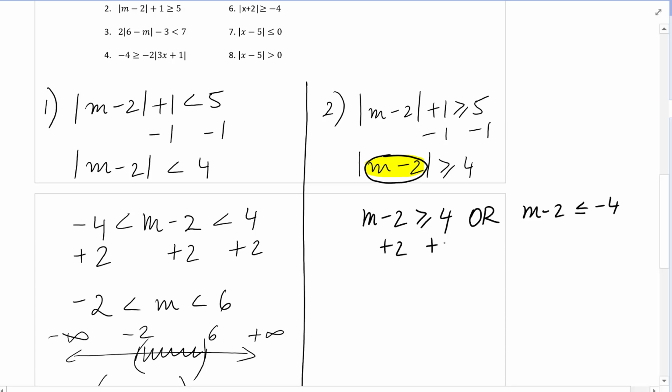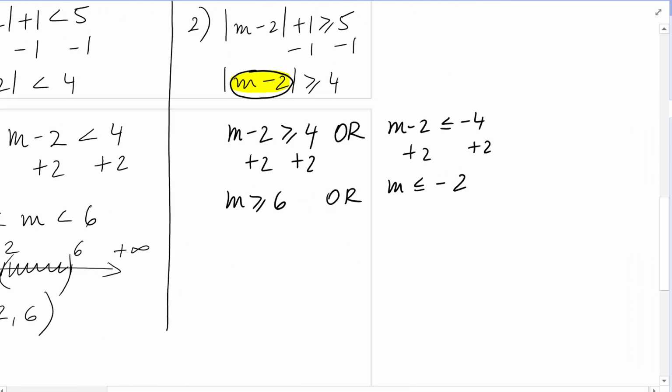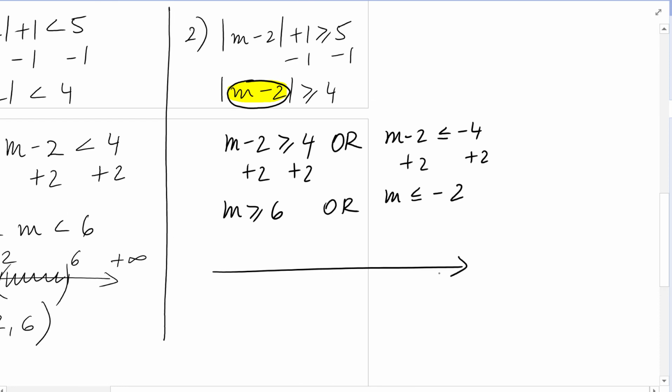So now we add 2 and we get m greater than or equal to 6. We add 2 and we get m less than or equal to negative 2, with the word or between them. So if we draw them, negative infinity, positive infinity, we put the numbers negative 2, 6.